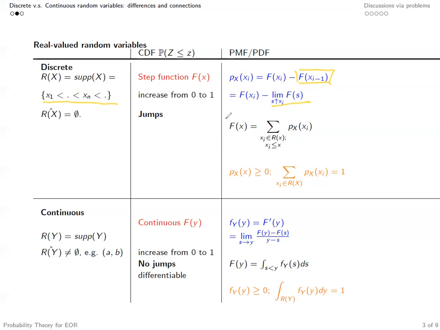And the CDF function here, F_X, for a discrete random variable is basically the sum of all the probability mass functions with x_i smaller or equal to x.